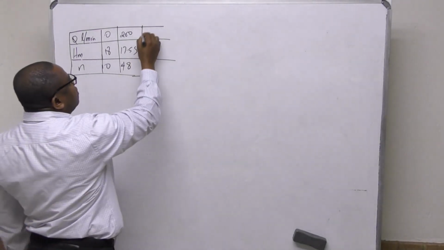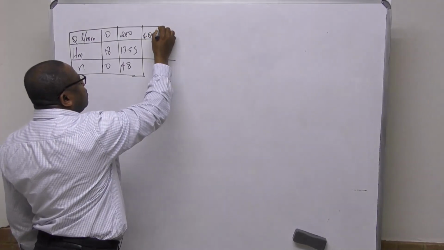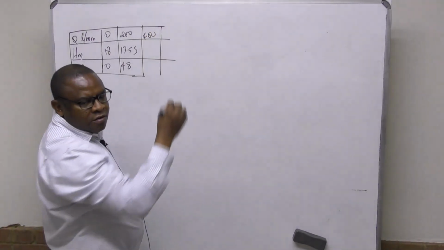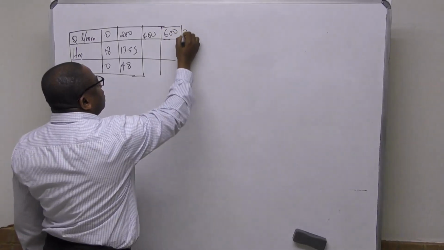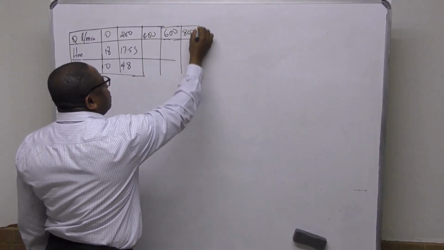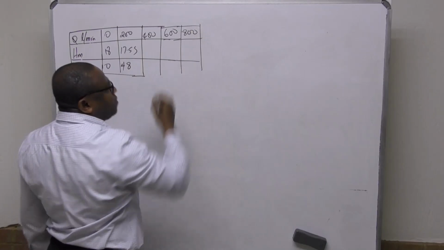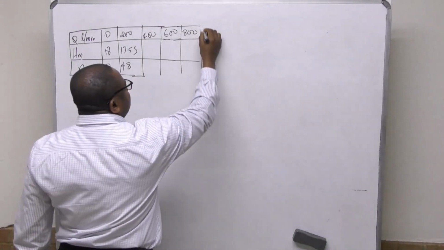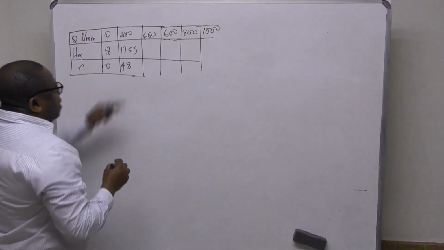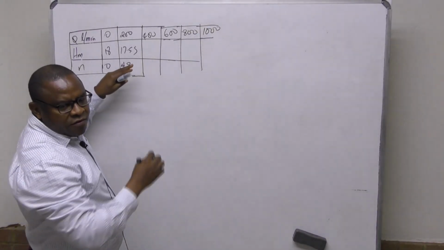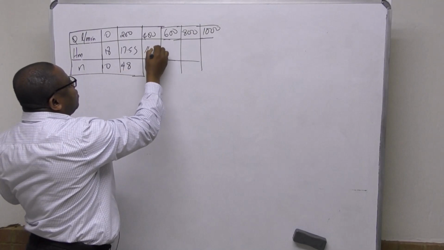It's 400, 600, 800, 1,000. Okay, let's look at their respective head, 16.5.